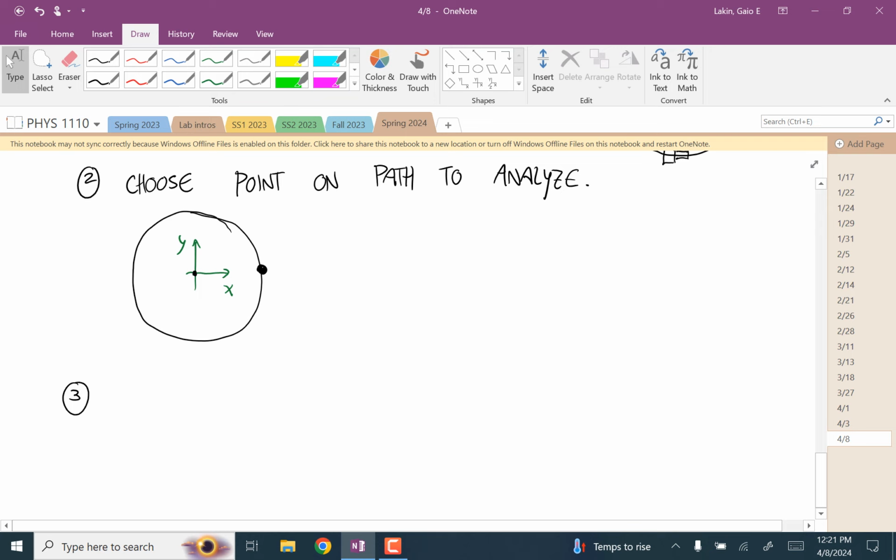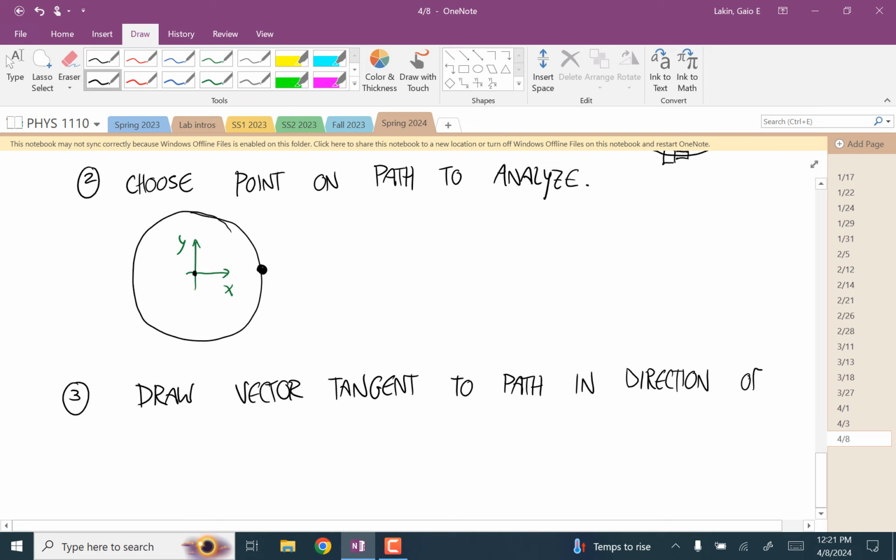Third, draw a vector that's tangent to the path in the direction of motion. That's the velocity vector.